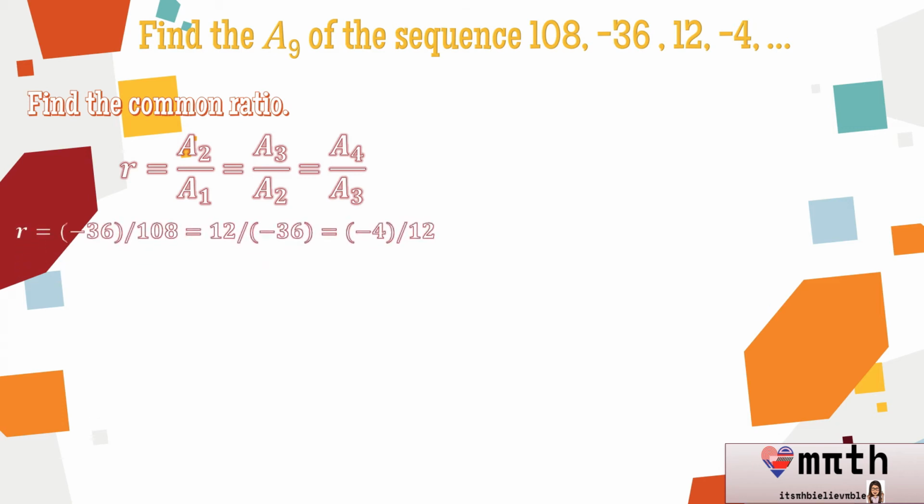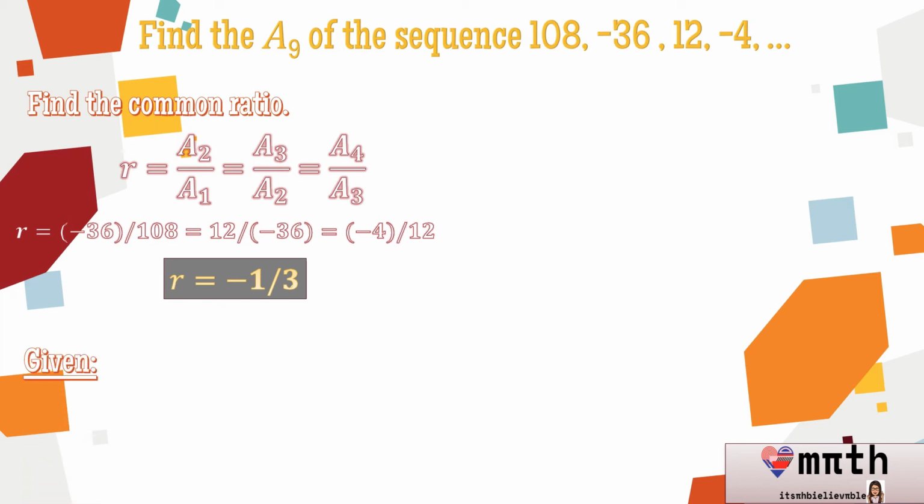Substituting the values, that would be negative 36 divided by 108, then 12 divided by negative 36, then negative 4 divided by 12, which is all equal to negative 1 over 3. So that would be the value of our ratio.